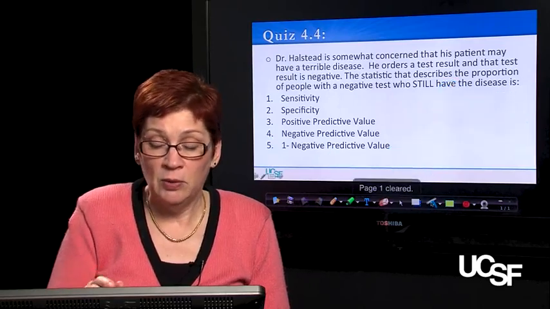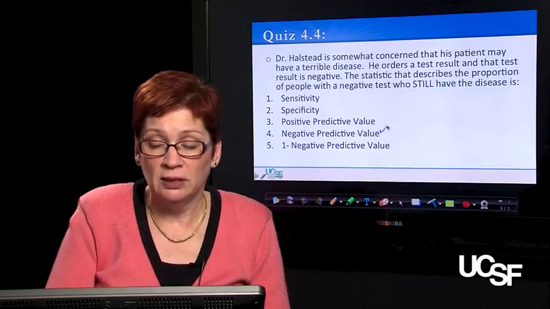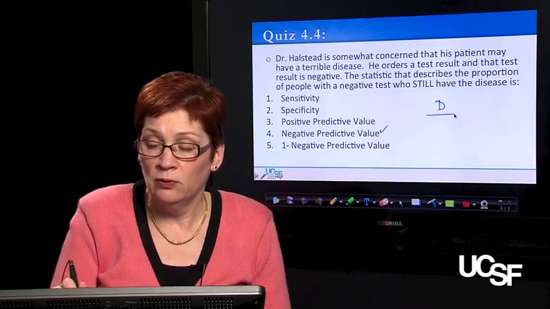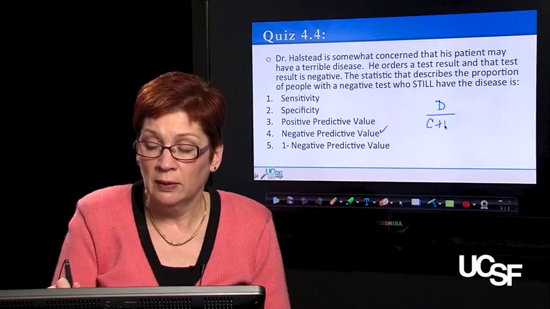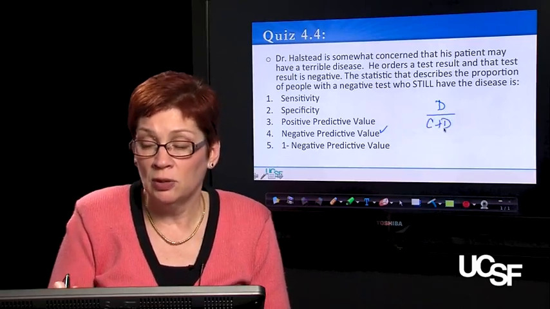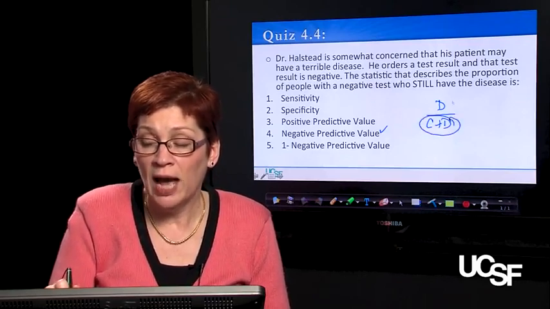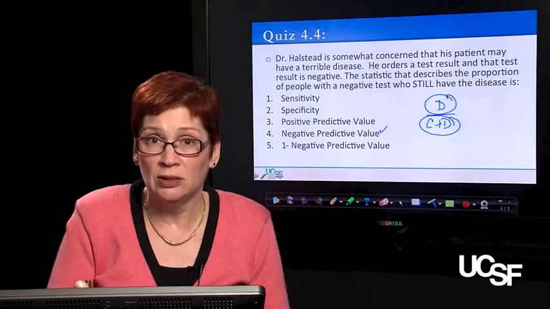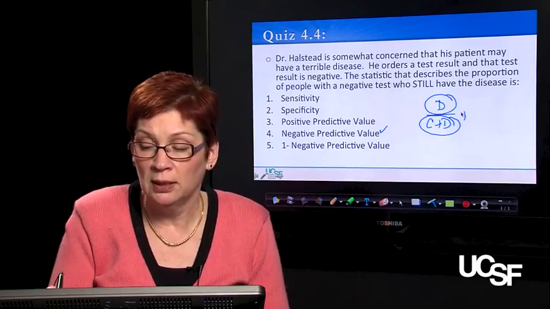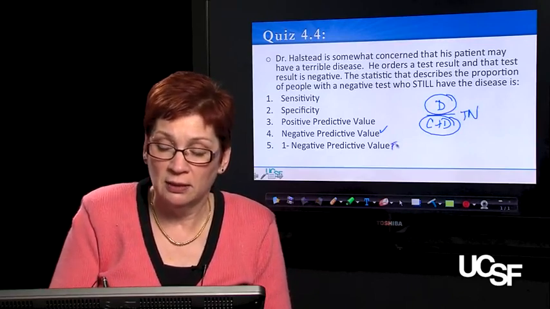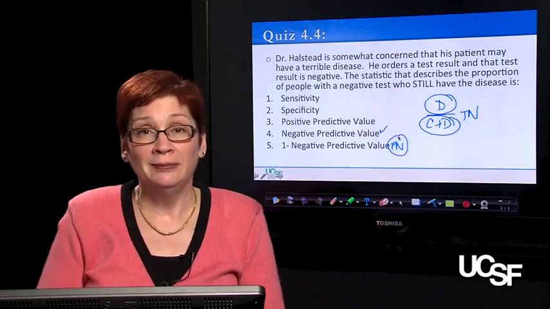Oftentimes, people mistake that for the negative predictive value. Negative predictive value, remember, is D over C plus D. And that refers to the proportion of people who test negative for the disease who actually don't have the disease, who are healthy. It's the true negative test. And what Dr. Halstead's asking for is the false negative. Got it? Okay.